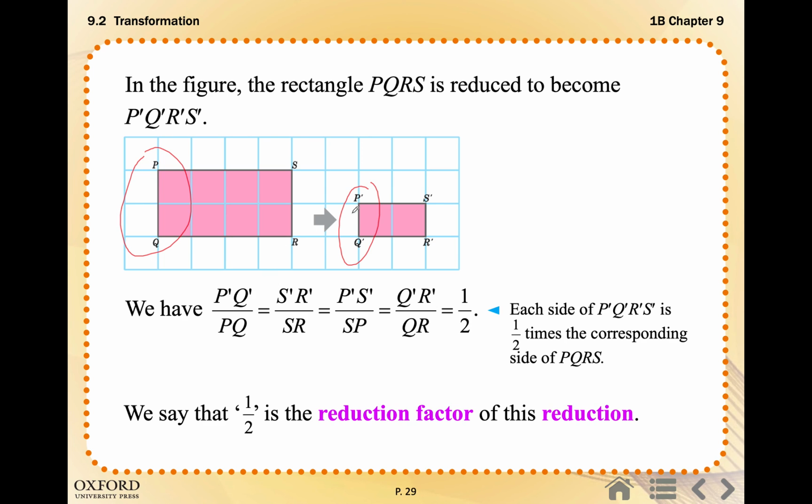The image here is 1 and the original length is equal to 2, and that's why the reduction factor here is 1 over 2. And of course, in the reduction, the image figure should be smaller than the original figure.